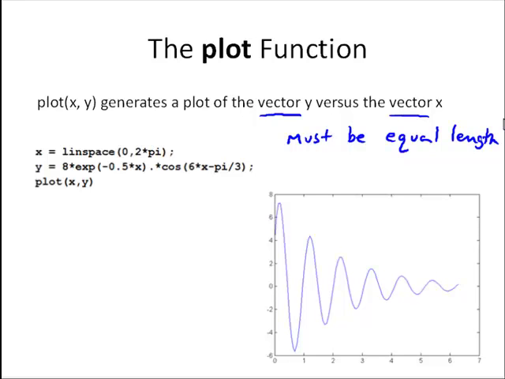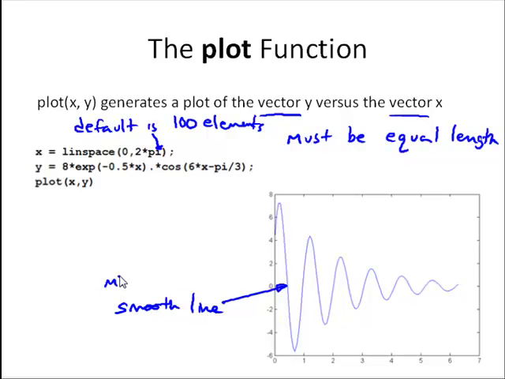We would generate a vector x, and note I'm using the default for linspace. The default here is 100 elements, and 100 elements is usually enough so that we get a smooth line. Think about using a minimum of 100 elements when you want a nice smooth line in your plot.